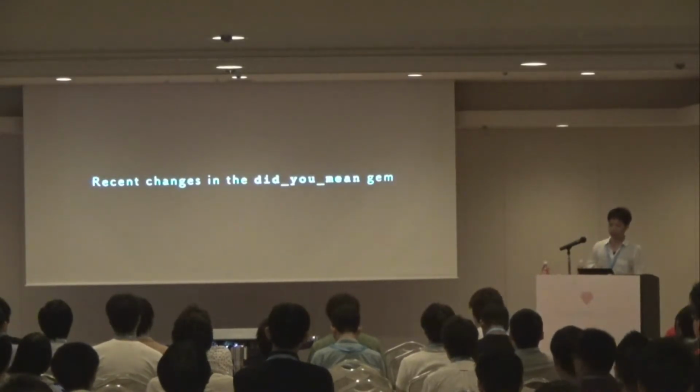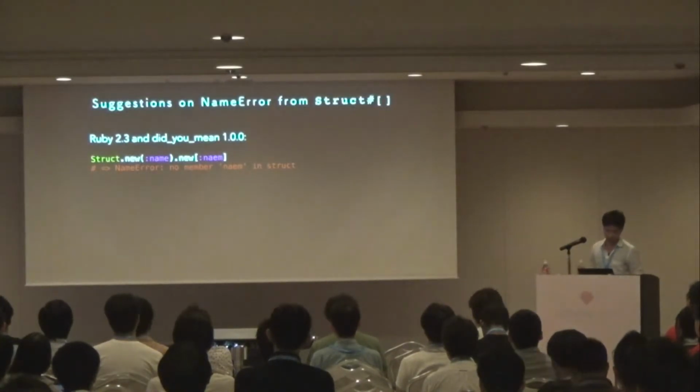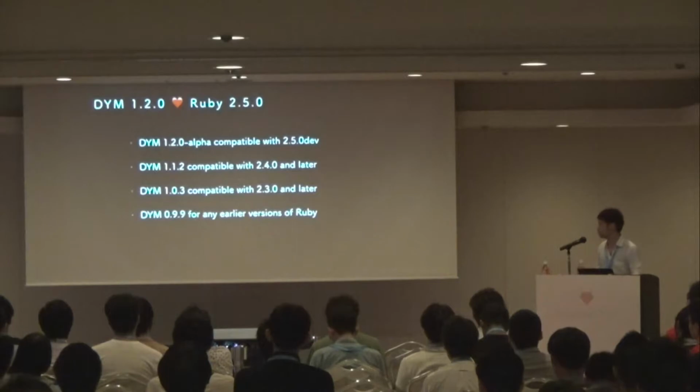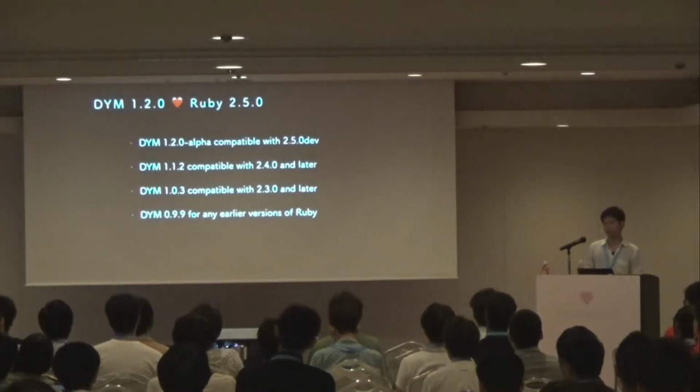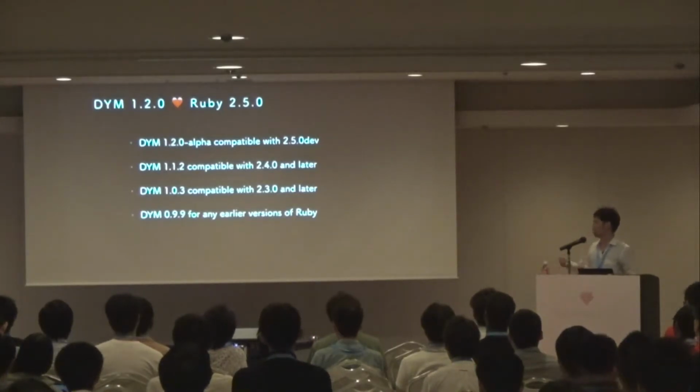Let me also talk about recent changes in the DidYouMean gem. The first thing I wanted to talk about is the next version of the DidYouMean gem, which is going to be 1.2. That's going to be included in Ruby 2.5, but it's not going to be compatible with the current version of Ruby.